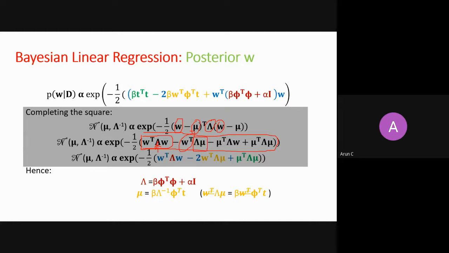When you solve it, these two terms are similar, so you add them and you find this third term, -2. And this constant, mu transpose lambda mu, will come as it is, right?